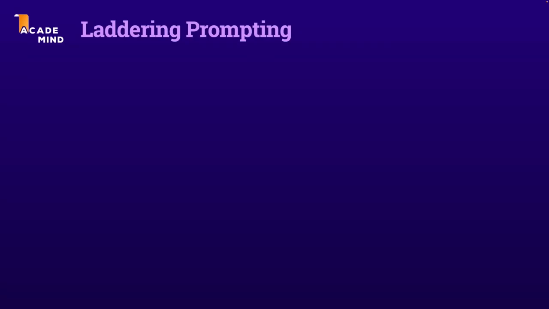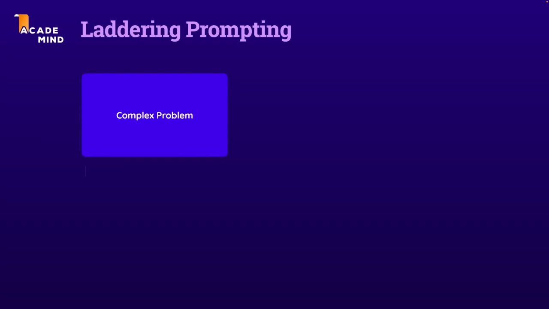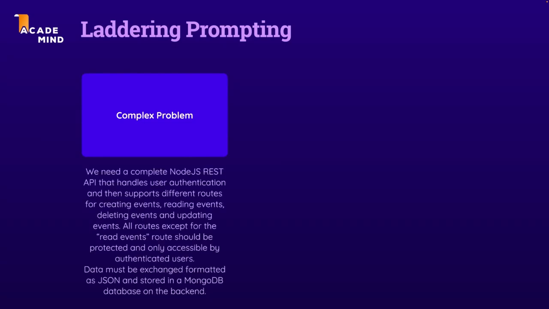Now, another special technique I want to take a look at here is laddering prompting. The idea here is to break up a complex problem that would probably require a very long and detailed prompt, which could lead ChatGPT to lose context and to lose information and produce a suboptimal response.